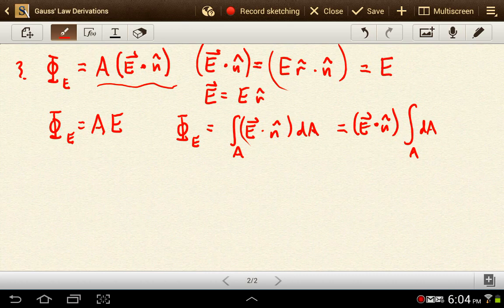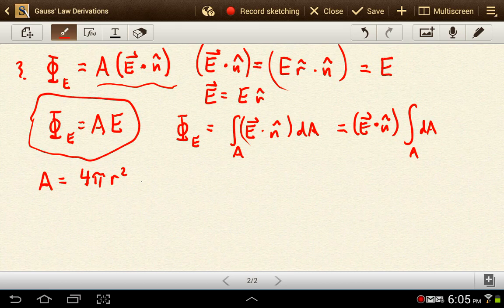So that is the entire flux out of that sphere. A here is the surface area of the sphere, and E is the magnitude of the electric field on the surface, plus or minus depending on whether it's going in or out. The surface area of a sphere is 4 pi r squared, and this is a sphere of radius little r.